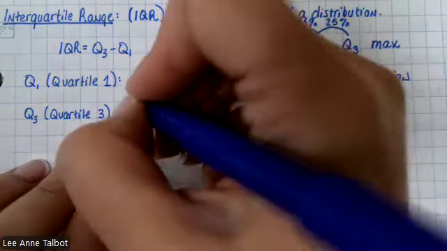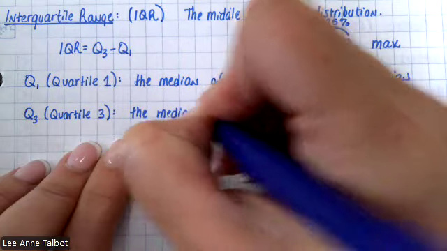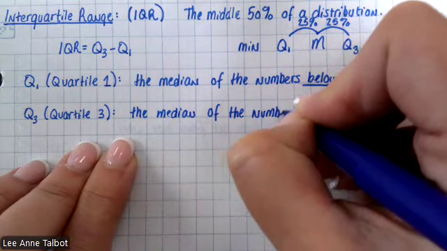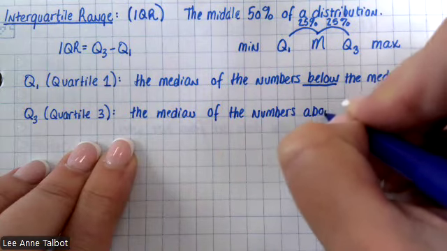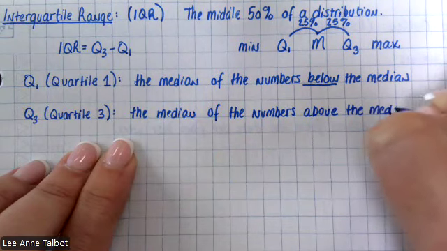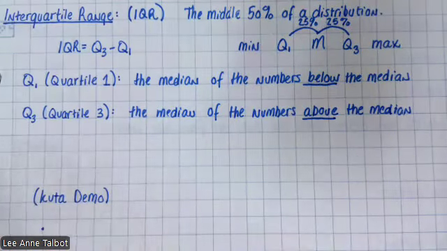And then quartile 3 is the median of the numbers above the median. Again, strictly above, not above and equal to.